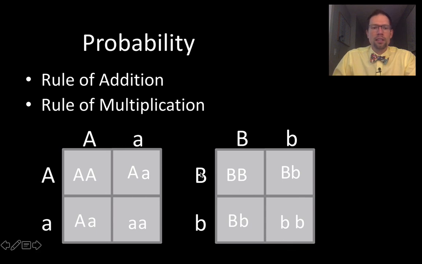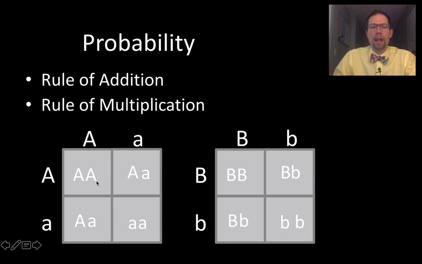So what does this look like? So for a monohybrid cross, if I wanted to know what the probability was of getting a dominant phenotype, I would have to look at the probability of getting a homozygous dominant genotype and a heterozygous dominant genotype.